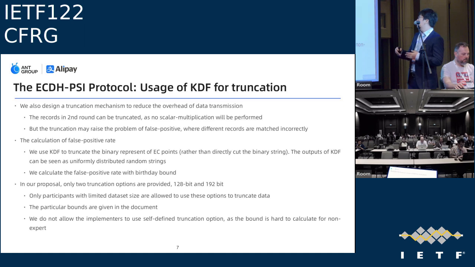The output of KDF can be seen as uniformly distributed strings, and we calculate the false positive rate with the birthday bound. We only provide two truncation options, which are 128 and 192. And we do not allow the implementer to use a self-defined truncation option because the birthday bound is hard to calculate for non-experts.